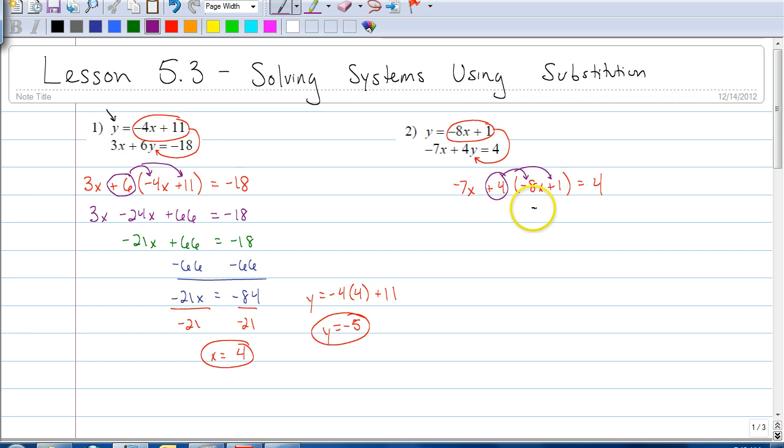Notice it's a positive 4, so multiply everything by a positive 4. So negative 7x, then 4 times negative 8 is negative 32, so it would be negative 32x. 4 times 1 is 4, equals 4. And here, negative 7x minus 32x is negative 39x.